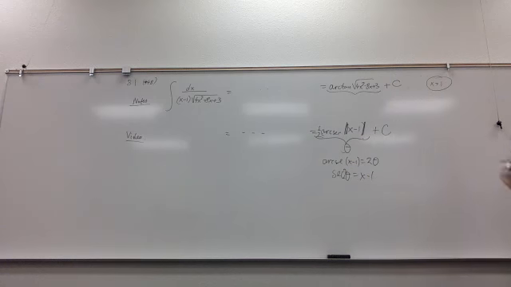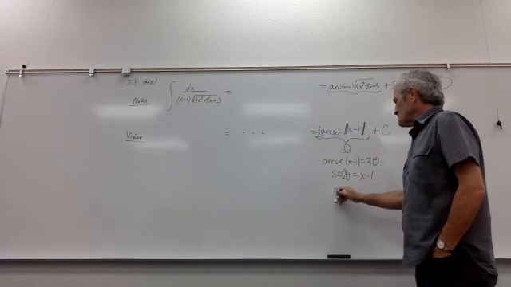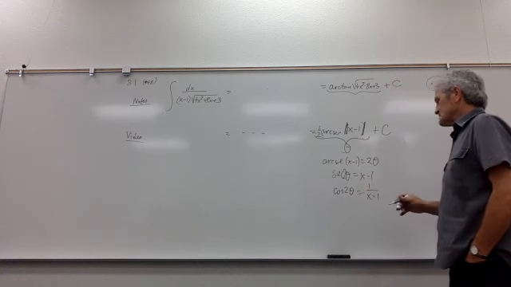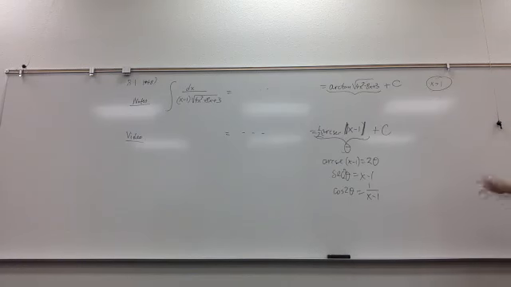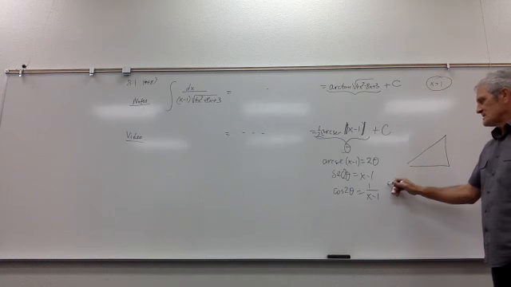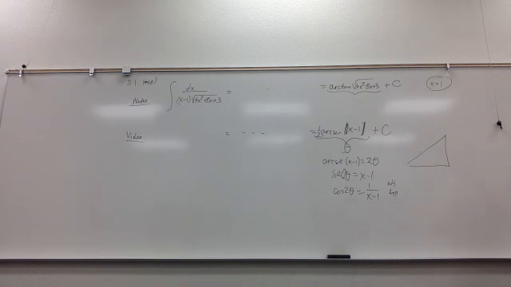Okay? And the same thing as a minute ago, just now I call it 2 theta and not theta. So what does that mean? That cosine 2 theta is 1 over x minus 1. So I will label a triangle. And in that triangle, this is adjacent and this is hypotenuse. You agree with me?